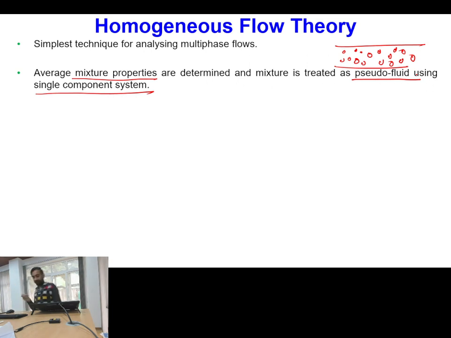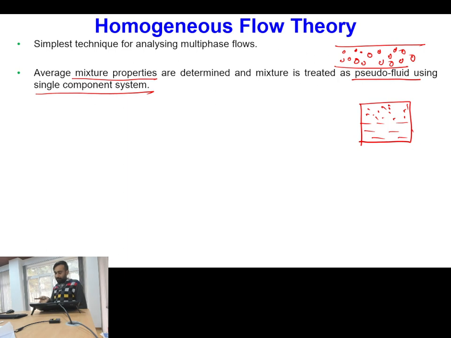So what is the meaning of this? If you consider, say, a mixture of steam and water, you will have some liquid water in a container, and you will have vapor molecules, so steam of the same medium. Say I know that x fraction of vapor is present, where x is the mass fraction of vapor in the system.